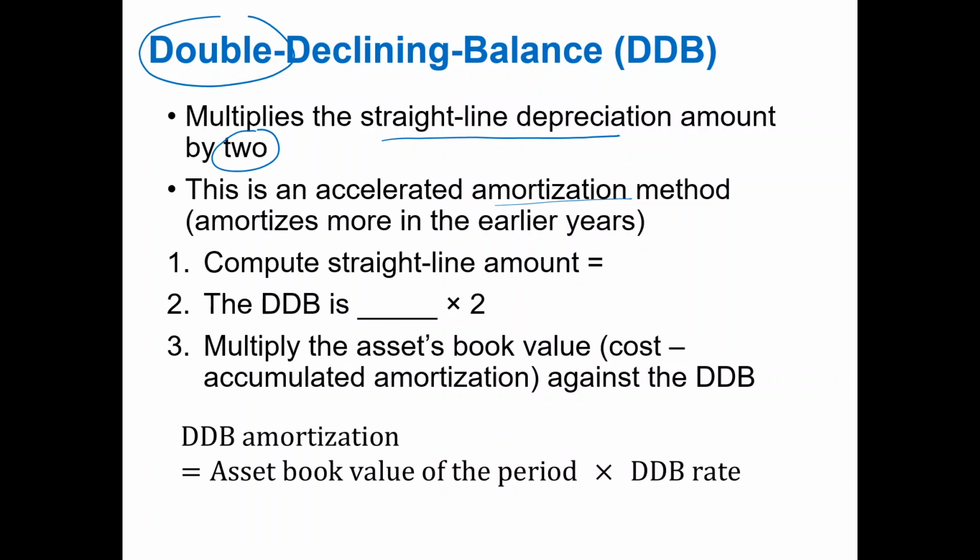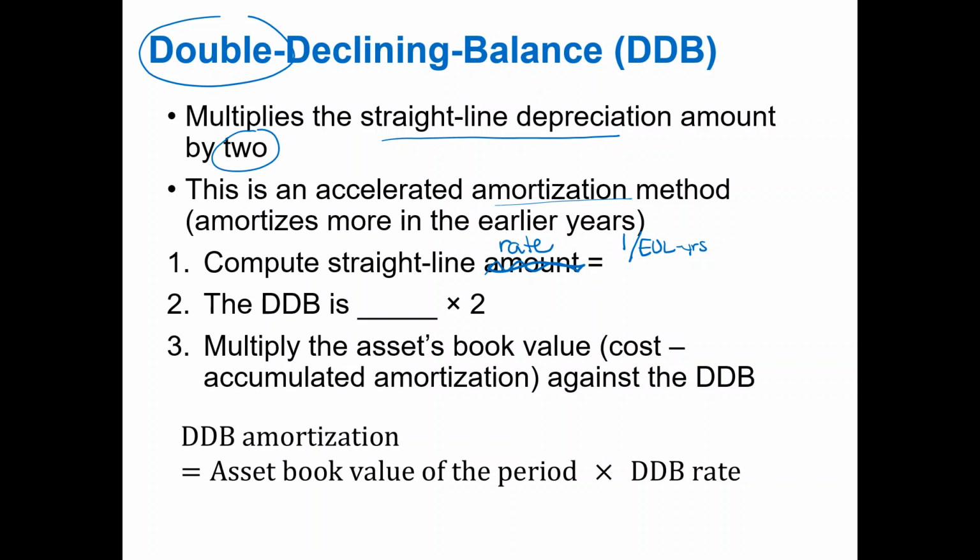When you do this, you calculate it in 2 steps. First, you compute the straight line rate, which is 1 divided by the estimated useful life in years. I know that's small, sorry, there's not a lot of room here.